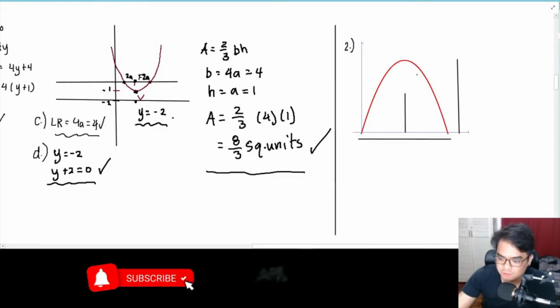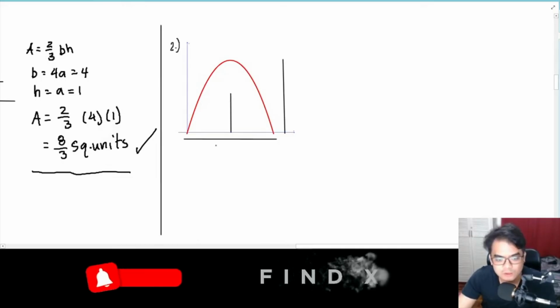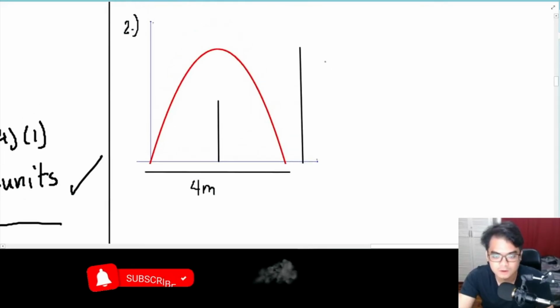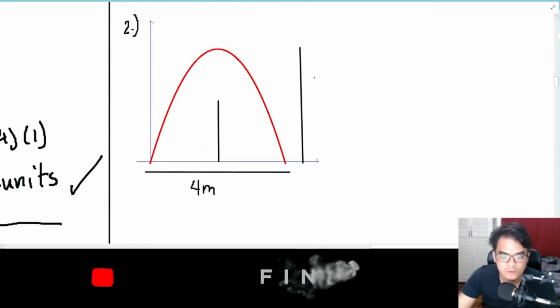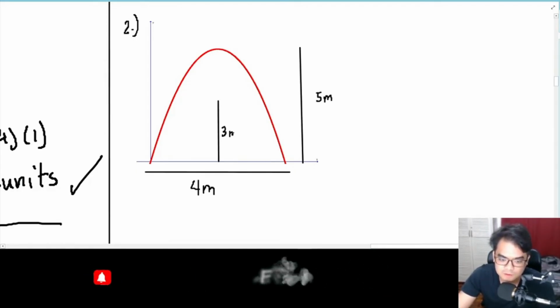So let's say I already drew the parabola. So for number 2, we have here 4 meters. Okay? So this is 4 meters. And then the height of the parabola is 5 meters, and we are asked to find 3 meters from the base. So if this is the base, this is the 3 meters.